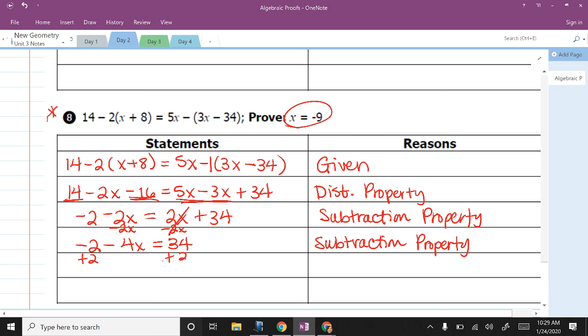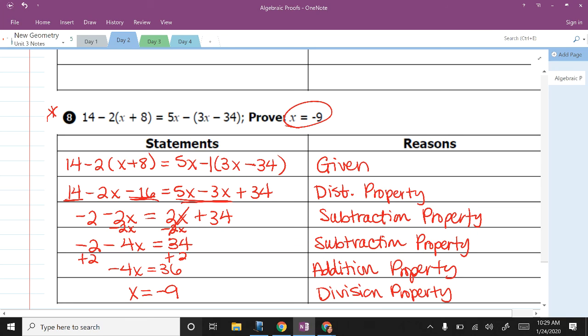Add 2. So negative 4x equals 36, and that was addition, right? Addition. My handwriting's getting worse. And then what do I do to solve for x? Divide by negative 4, so x equals, is that what I wanted? Yes, and that was division.